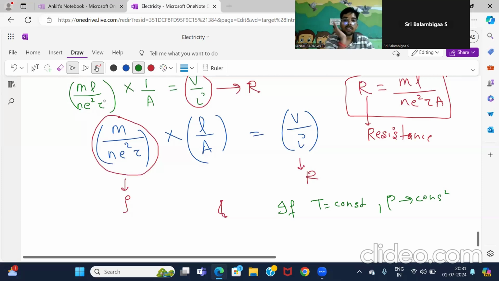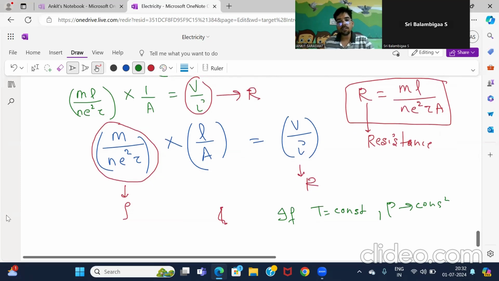Tau, relaxation time, depends on temperature. If more temperature, lesser is the relaxation time. So neither N nor e is changing. e is the charge on electron, N is the number of free electrons per unit volume. If you change the material, then only it will change. We are not changing the material. So m is constant, L is constant, N is constant, e is constant, tau is constant. Clear? Then LHS is constant.